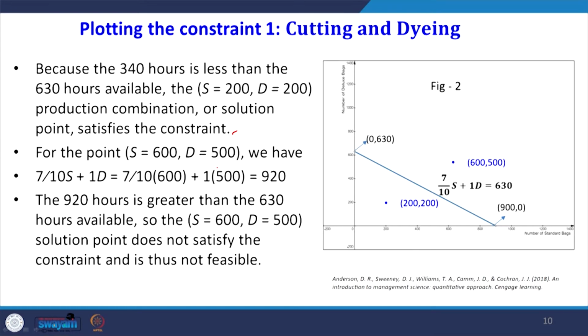When you substitute this, we get the value 920, but 920 is greater than 630, which is violating our constraint. So, the region which satisfies our constraint is on the left hand side, this region.